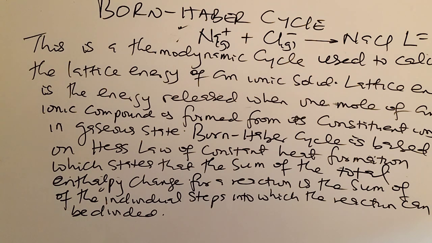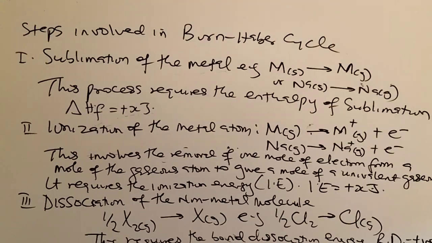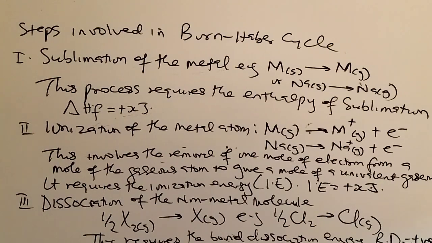We're going to list the steps, then look at the cycle, and then look at how we can use it to do calculations. We have itemized 3 steps on the whiteboard, and we'll itemize the remaining steps after this.